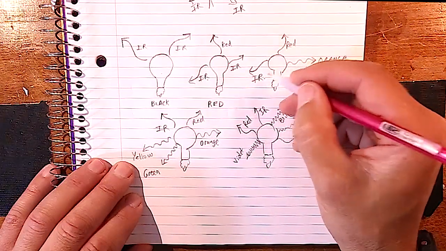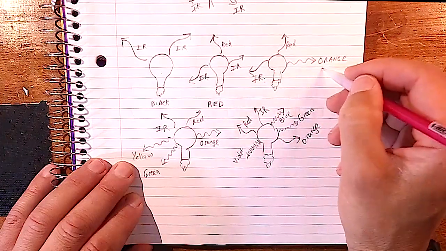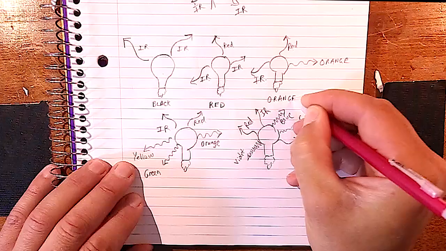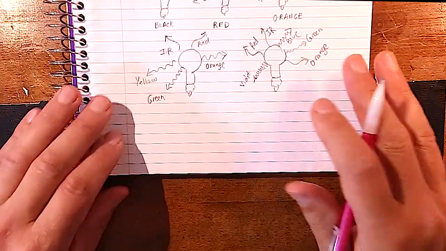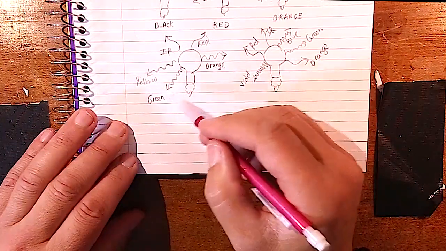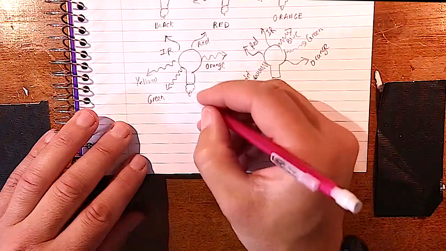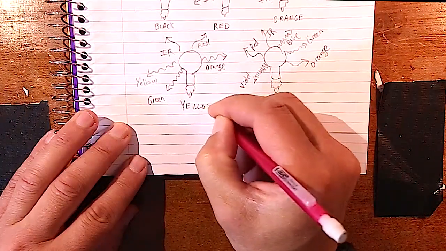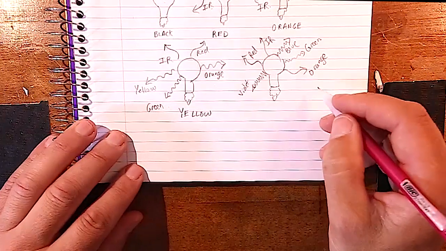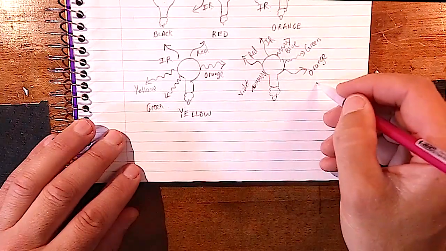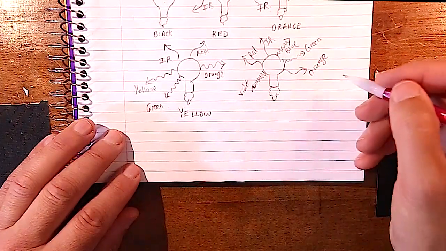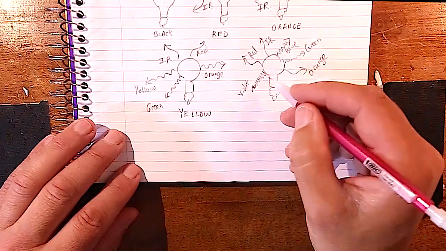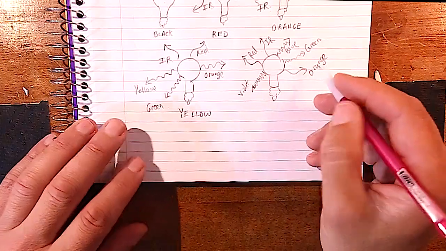So now we're getting red and infrared and orange. So now it will start to glow orange. And as we start to add more, we eventually get yellow, green, orange, red, infrared. This combination will give us yellow. And then finally, if we get it to emit all of the different frequencies, red, orange, yellow, green, blue, violet, and infrared, we can't see the infrared, but what's the combination of Roy G. Biv?